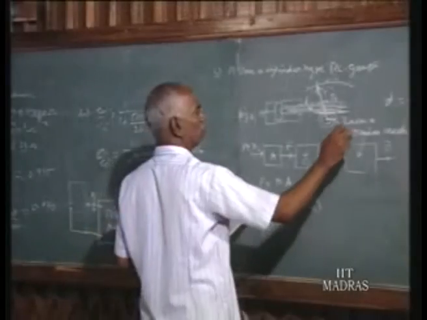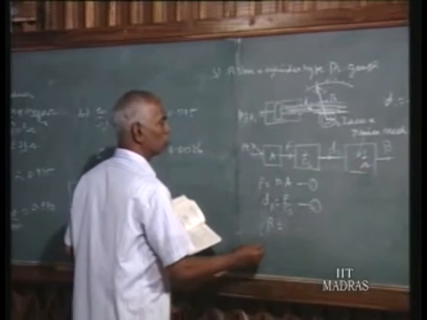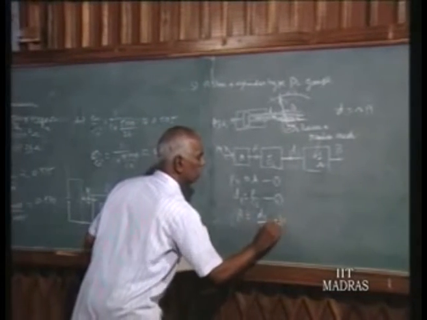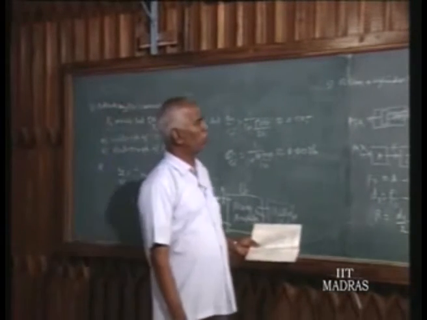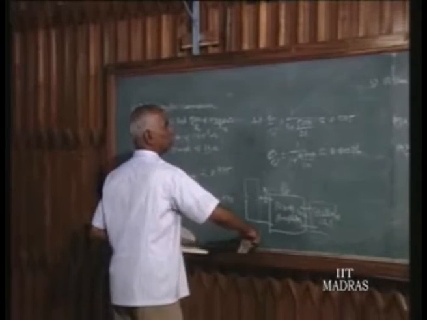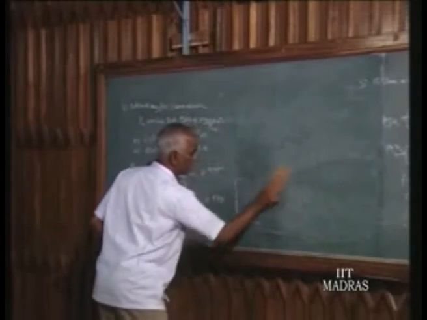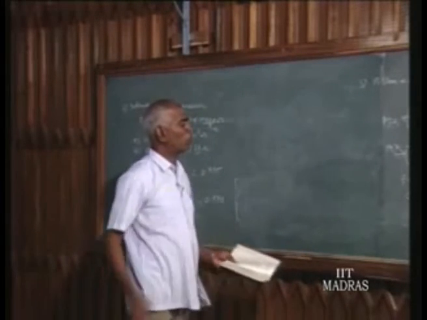So beta is equal to D1 by R. So here you will have 1 by R as the gain. These are the three signal relations, which we are going to represent in a 4-quadrant diagram.